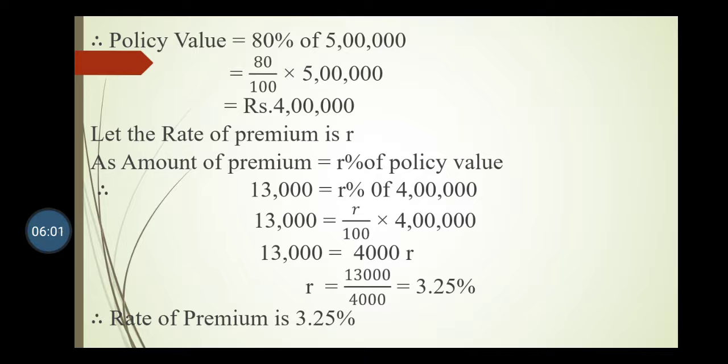Premium is given in the question, which is 13,000. So 13,000 equals r% of policy value, which is 4 lakh. So we have 13,000 equals r upon 100 into 4 lakh. When we solve this, we will get 3.25%. Therefore, rate of premium is 3.25%.